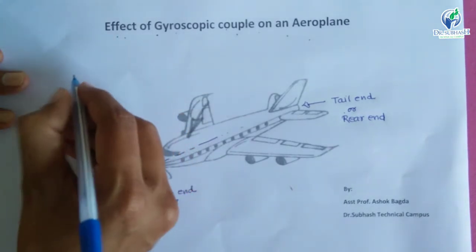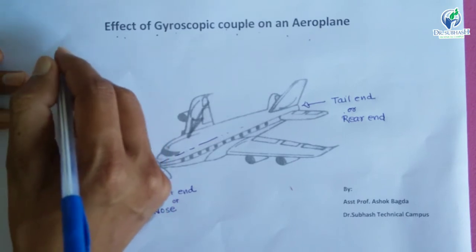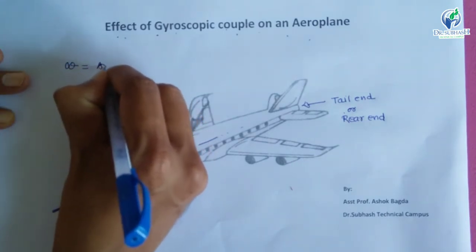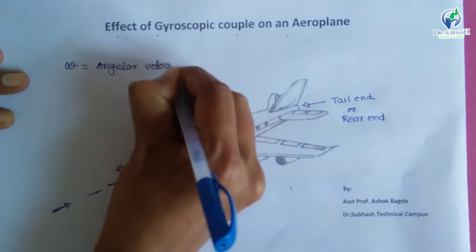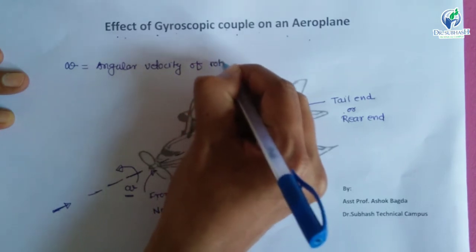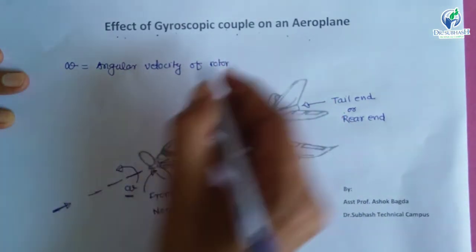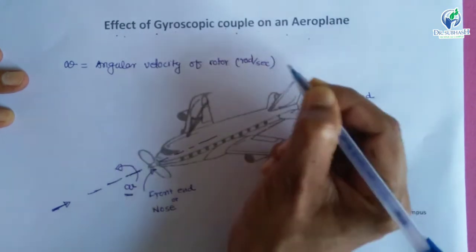Now here we consider some notation. First one is omega. Omega is the angular velocity of the rotor or propeller in radian per second.